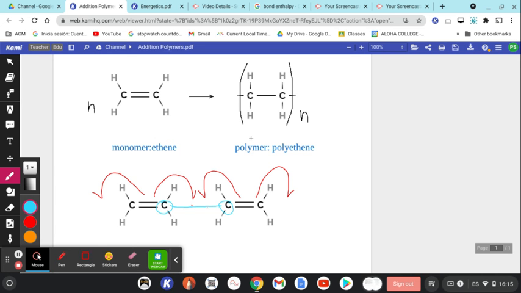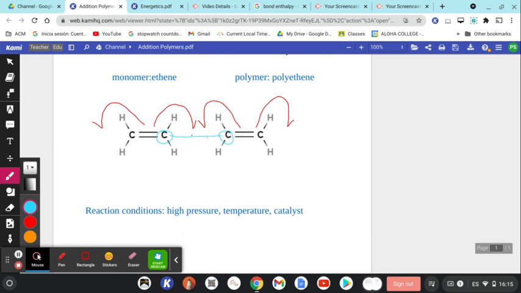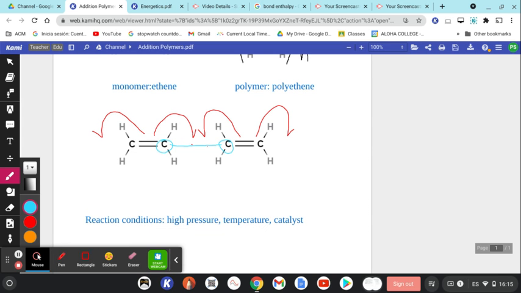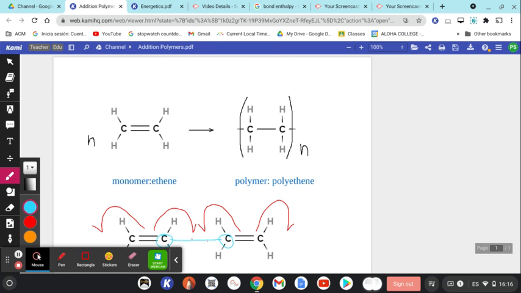Okay? Now, for this to happen, we need certain reaction conditions. We need a high pressure, high temperature, and a catalyst. The exact numbers may vary depending on the alkene you use. So you can make up an addition polymer not only with ethene, but with different alkenes.